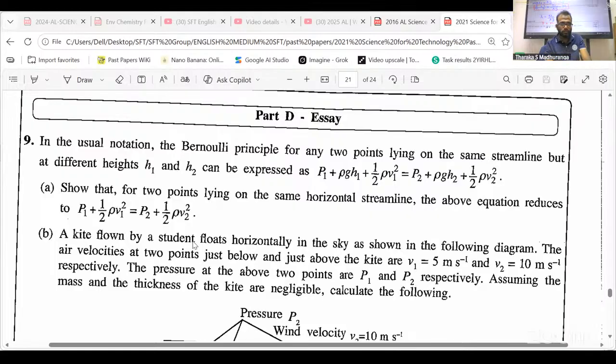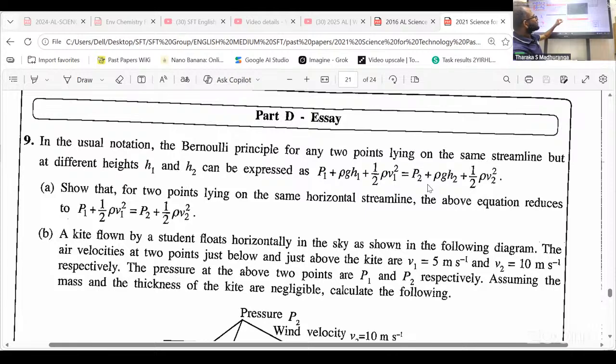Let's go into this question. It's Bernoulli's theorem. In the usual Bernoulli's principle, for any 2 points lying on the same streamline, with different heights h1 and h2, it can be expressed as p1 plus rho gh1. This is the basic Bernoulli equation with 2 different heights. Do you remember the meaning of Bernoulli's theorem?